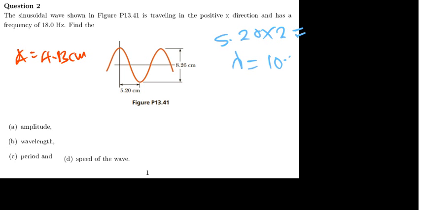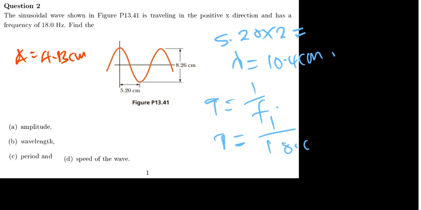Since we have the frequency, the period is going to be 1 over frequency. So period will be equal to 1 over 18.0, which is 1 divided by 18.0.